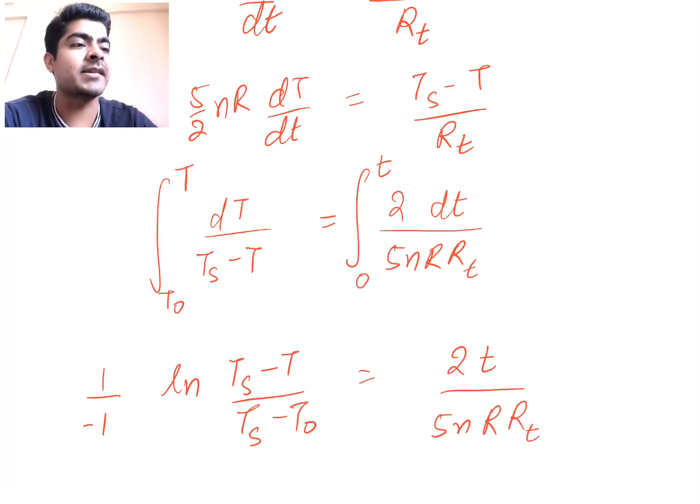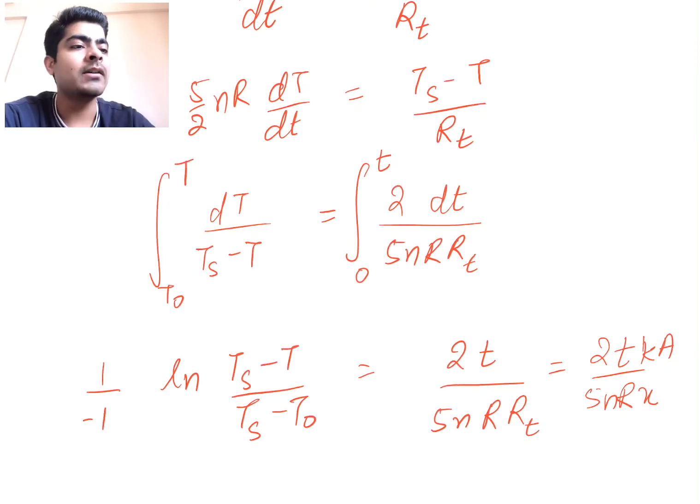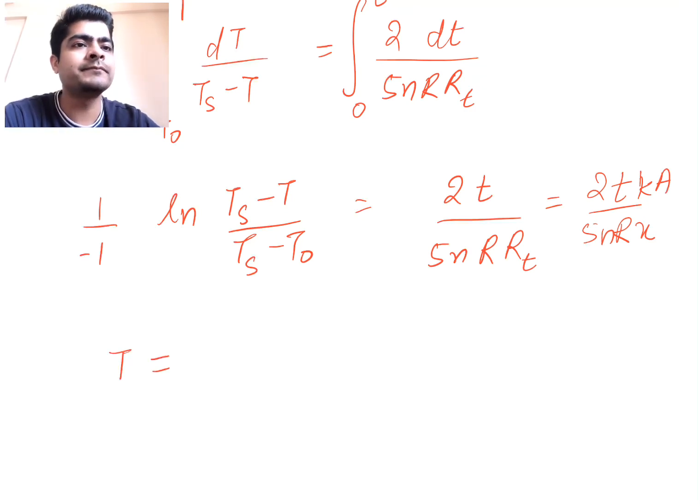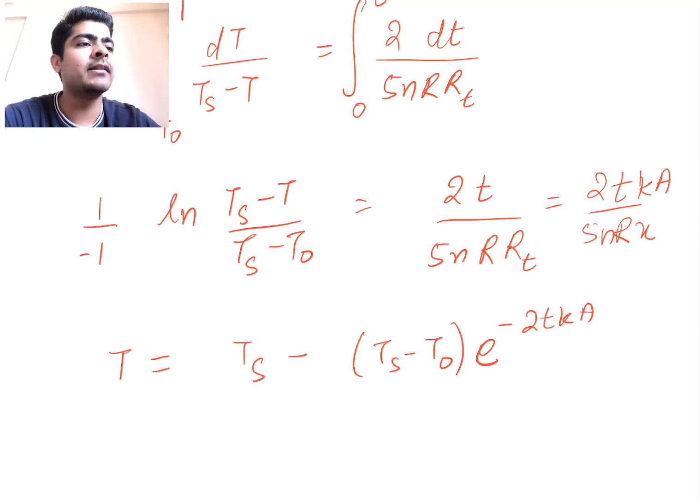Putting the value of thermal resistance, 2t upon 5nR, and RT will be x divided by KA. So when you simplify this, T will come out to be equal to Ts minus (Ts minus T0) e power minus 2tKA divided by 5nRx.